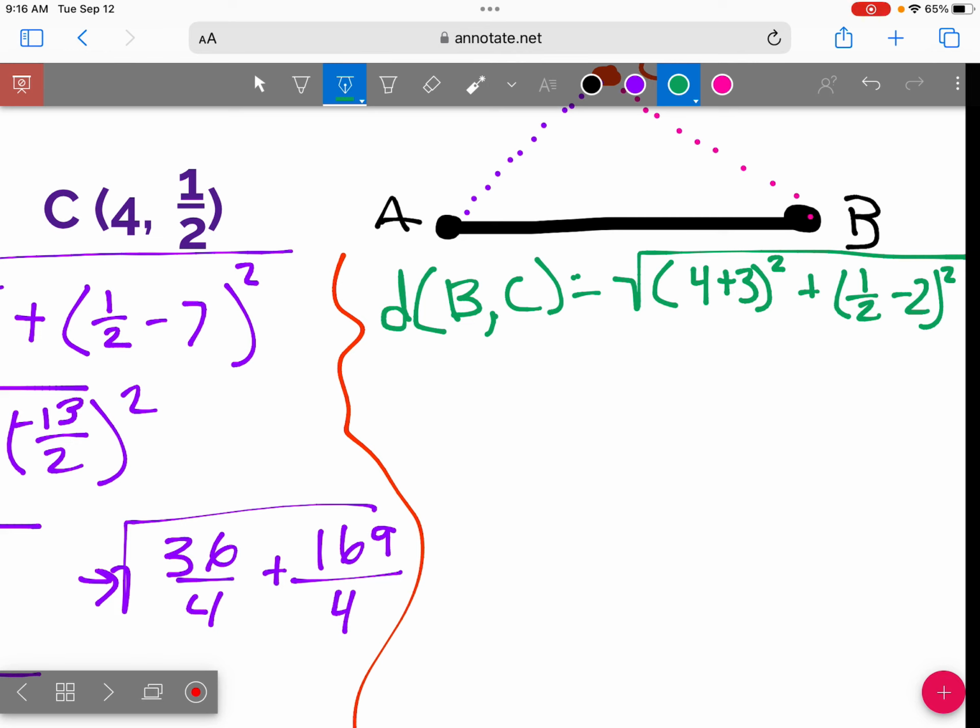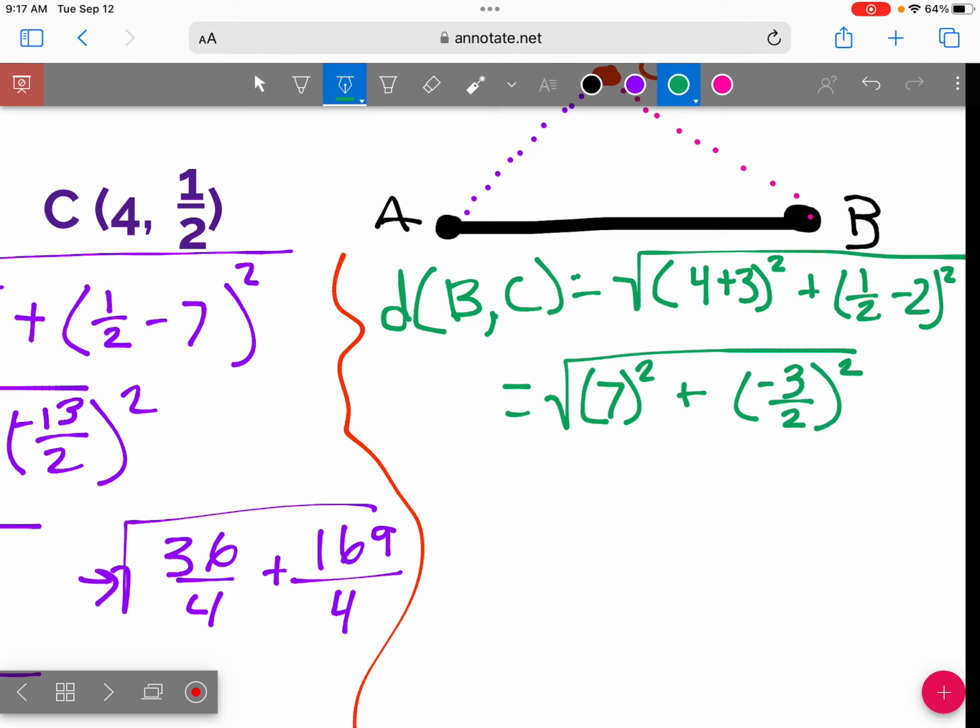Finding the difference in those 2 points, or the distance between those 2 points. So our distance is the square root of 7 squared plus 1/2 minus 2. Is it negative 3 over 2? Yeah, negative 3 over 2 squared.